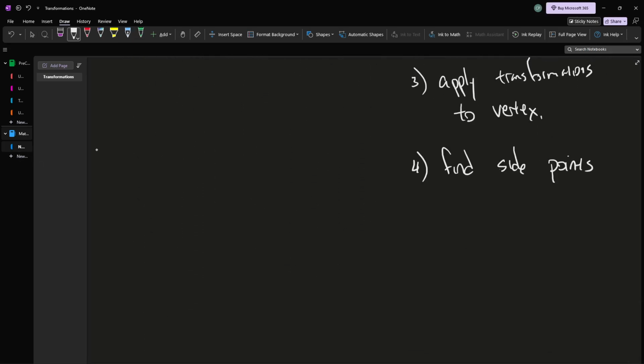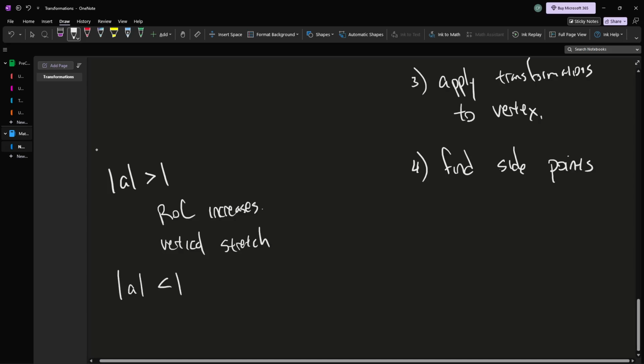So with A, if the absolute value of A is greater than 1, the rate of change increases. I stretch vertically. Vertical stretch. If the absolute value of A is less than 1, the rate of change decreases.